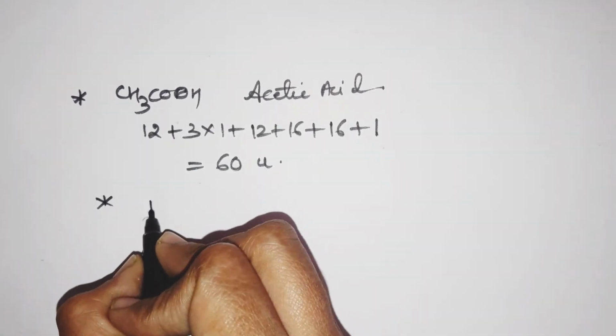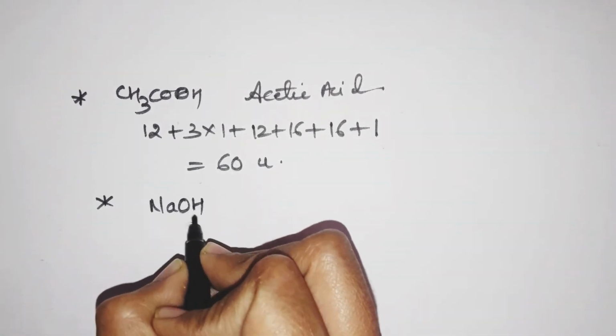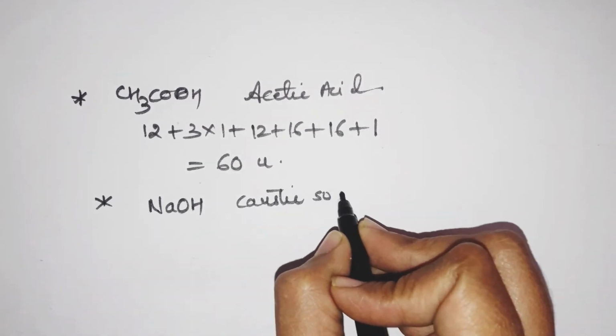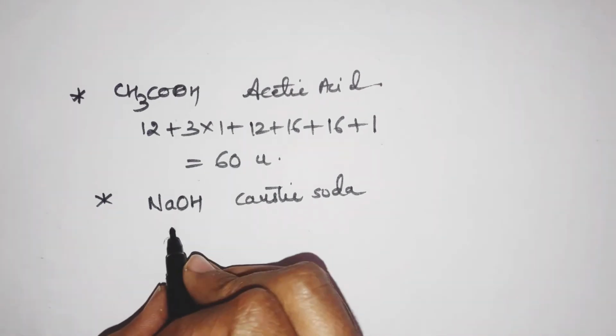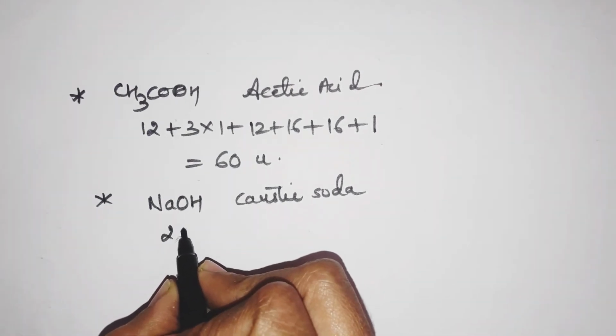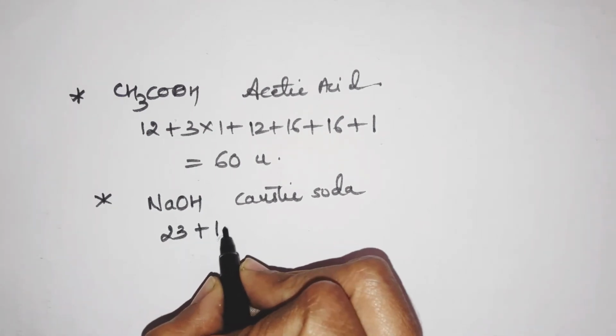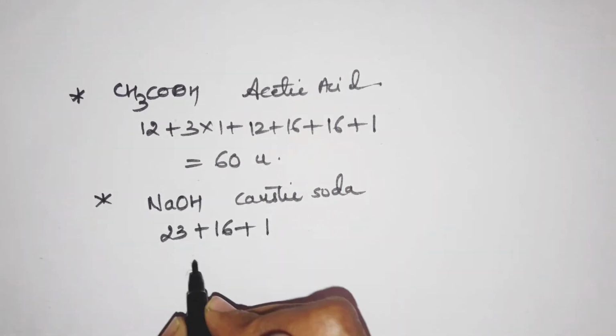Another common compound is sodium hydroxide or caustic soda. Na has an atomic mass 23, and oxygen has 16, and hydrogen has 1.